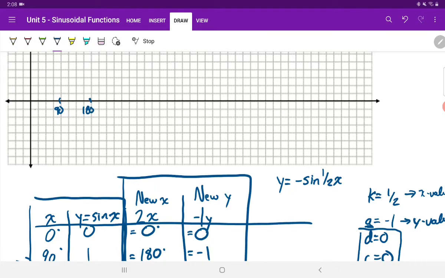In fact, we're probably not using enough of our grid, but that's okay. 1, 2, 3, 4, 270. 1, 2, 3, 4, 360. Then 450, right? 360 plus 90, 450. 540. 630. And then lastly, 720. So not bad. We're using a decent amount of our grid space here.